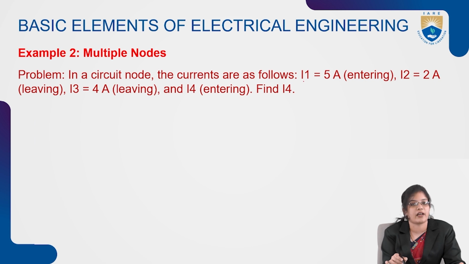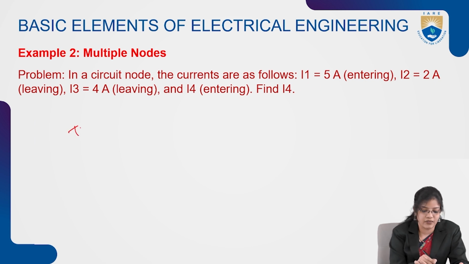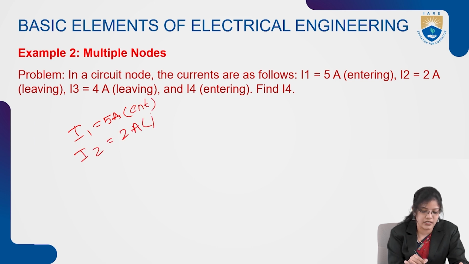The currents are as follows: I1 is taken as 5 amperes, which is entering. I2 is taken as 2 amperes, which is leaving. I3 is taken as 4 amperes, which is also leaving. And I4 is taken as entering.